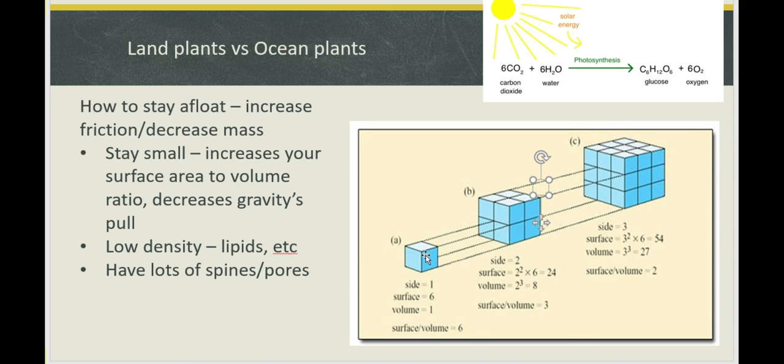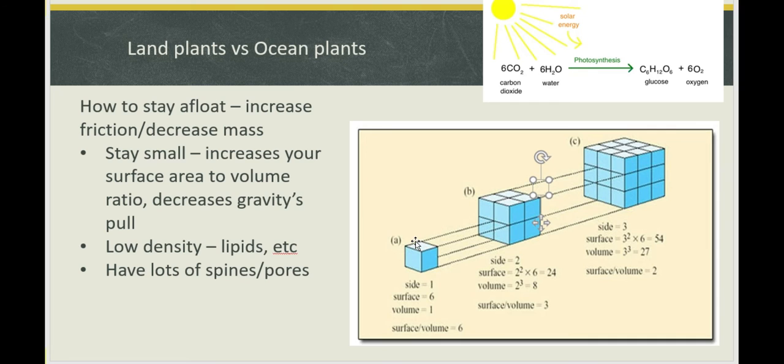And if I have 6 sides, that's 6 centimeters squared, all right? So my surface area is 6, whereas my volume is length times width, right? Times height, all right? So 3 dimensions. So here I have 1 times 1 times 1, all right? So my volume is 1.